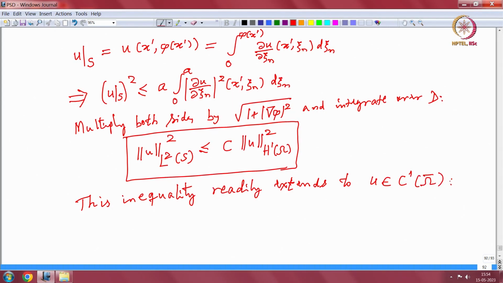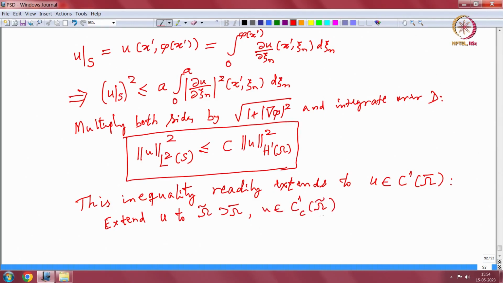Why is that? If u is in C1 omega bar, extend u to some omega tilde containing omega bar, and use again C1 with compact support on omega tilde.